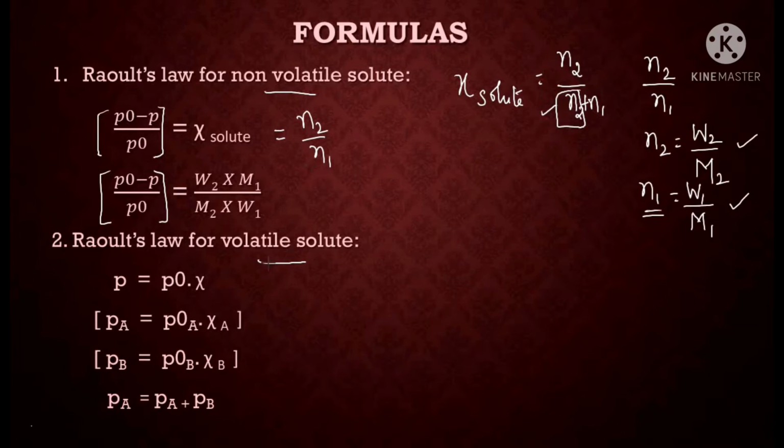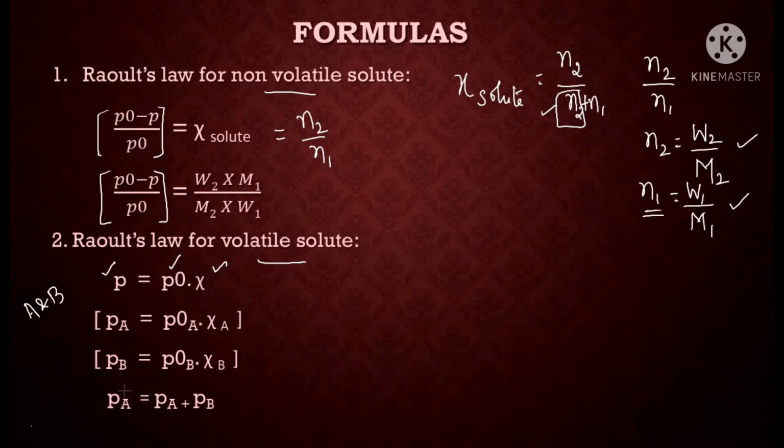And next comes the formula which deals with the volatile solute. Here, the partial vapor pressure of a component in a solution will be equal to the product of the vapor pressure of the pure solvent and its mole fraction. Understood? For example, if you have two components A and B, the partial vapor pressure of A will be equal to the vapor pressure of pure A into its mole fraction.